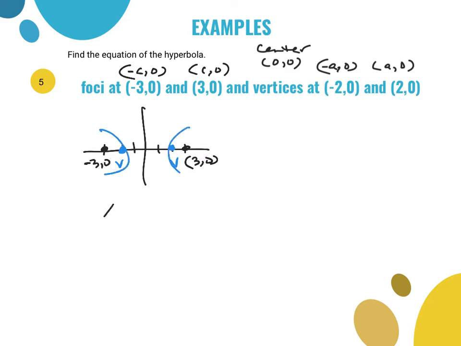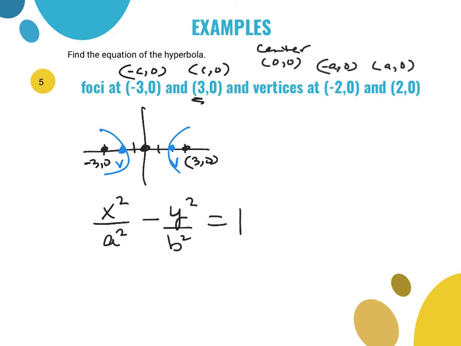So this tells me the equation I'm going to be using is x squared over a squared minus y squared over b squared. This is what I'm going to be filling in. I can already find my c value because that's how many spaces away the focus is from the center. My center is the midpoint between the two vertices, or the midpoint between the two foci. So the center is at 0, 0 like I thought.